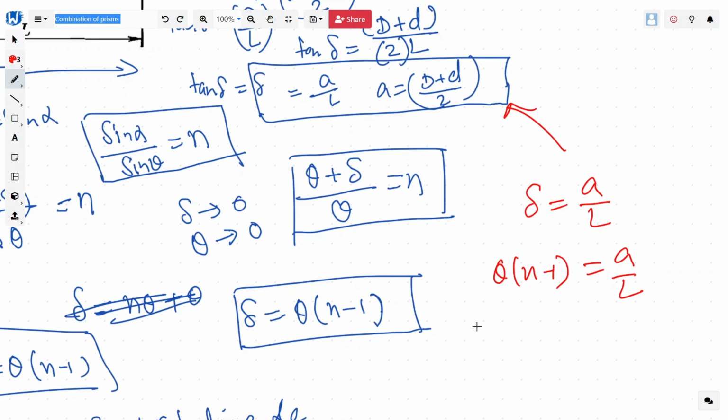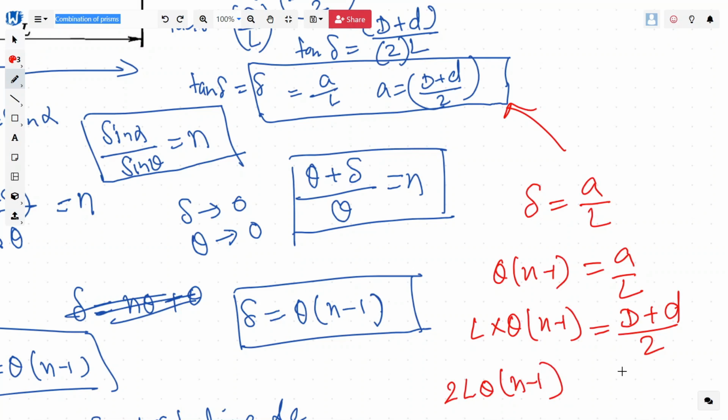So l into theta into n minus 1 is going to be a, which is d plus d by 2. So multiply here, and finally we'll get our expression for d: this is 2l theta n minus 1.